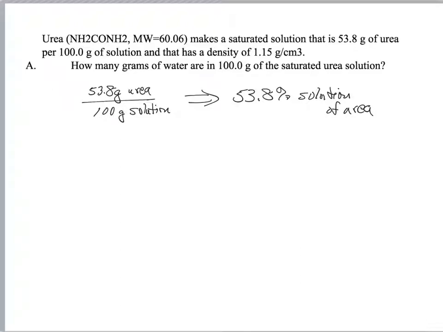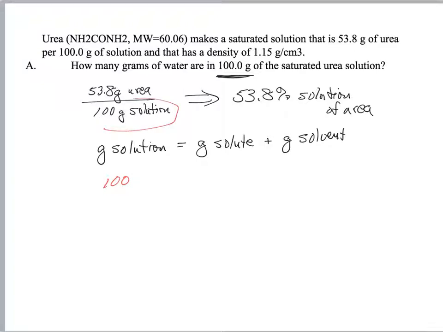But now to answer the question, if we have 100 grams of solution, our grams of solution, if we only have two components, are equal to our grams of solute, which is the urea, plus the grams of solvent, which in this case is water. So we've got 100 grams of solution as a given, and we know that 53.8 grams of that is the urea.